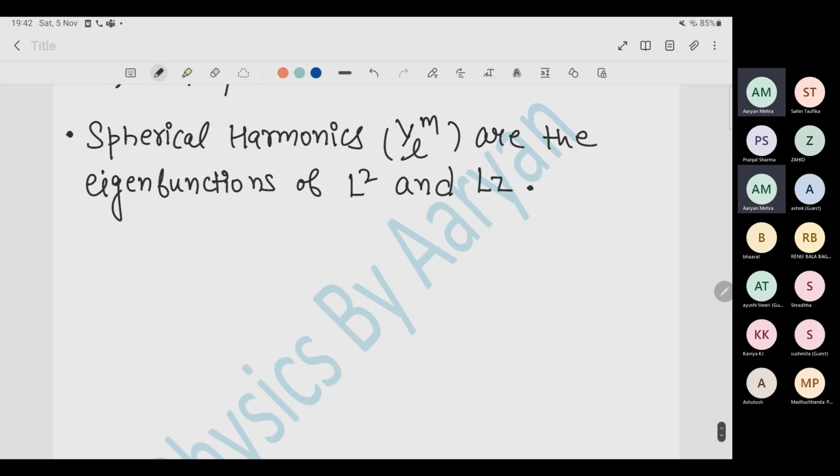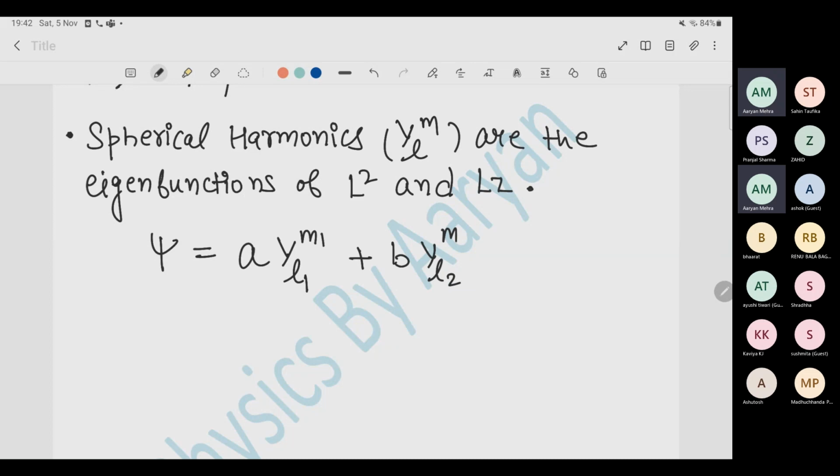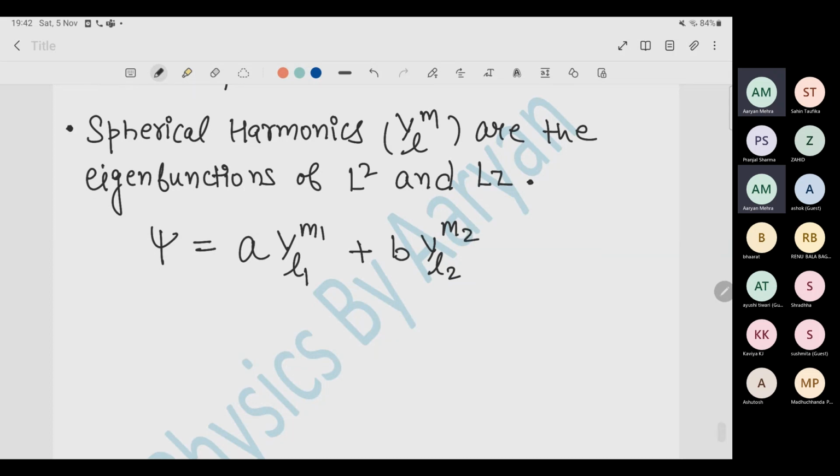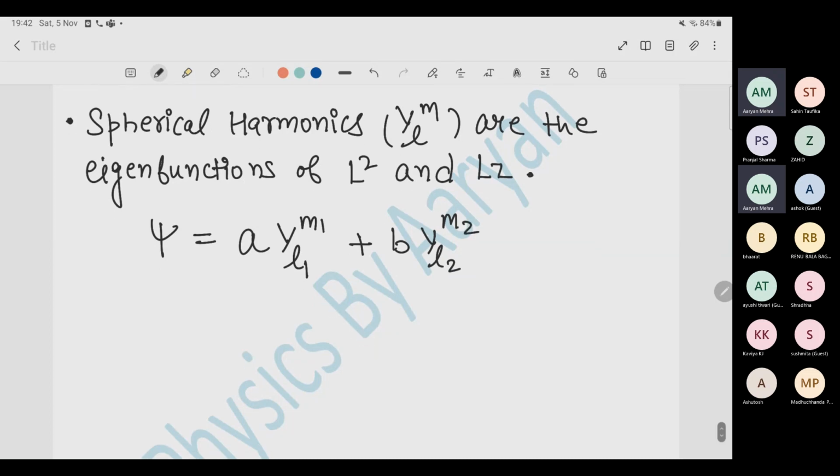Okay, so now how does it actually operate? Let me write your state first. Let's say your state is A Y_{L1 M1} plus B Y_{L2 M2}. So your state is a superposition of two eigenstates.